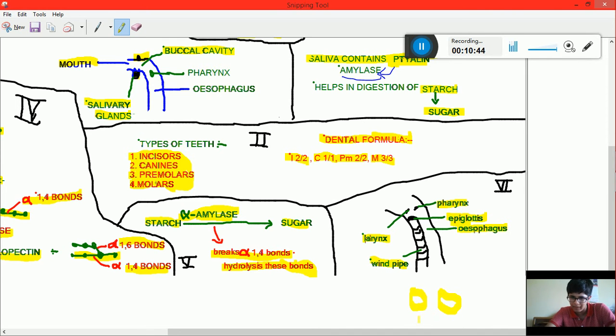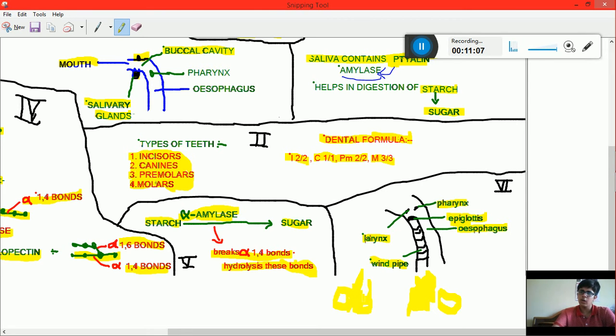Suppose this is the windpipe hole and this is the food pipe hole. So this is a flap-like structure. When we eat our food, this flap-like structure covers the windpipe, and then food only enters the food pipe or the esophagus. But when we breathe, it covers the food pipe and air goes inside the windpipe only.